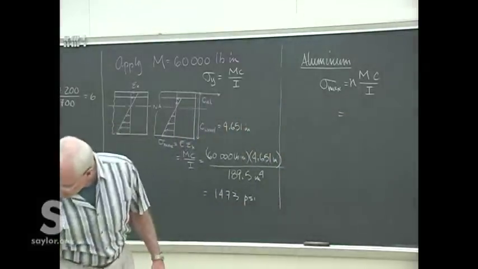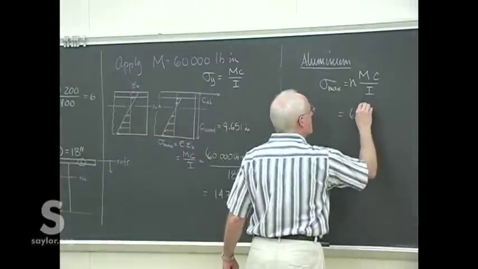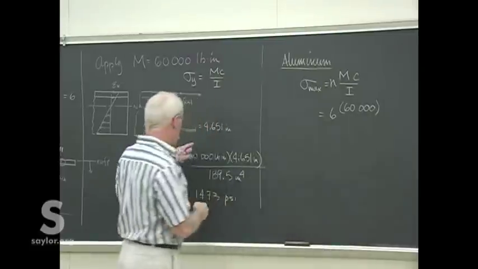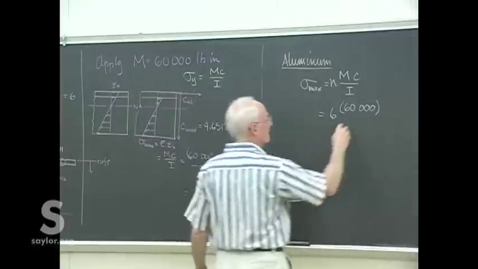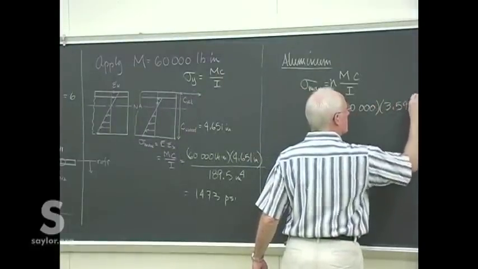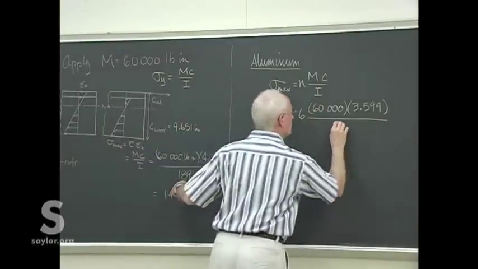So N was 6, M is 60,000. We already know what the units are going to be. Y bar is all that goes in here, 3.599. And I is the 189.5.